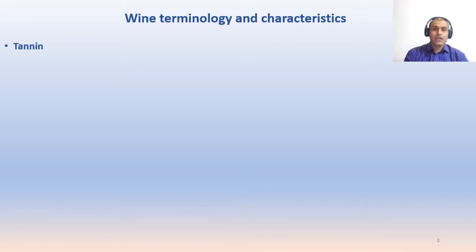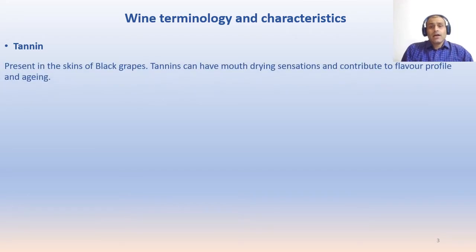It gets extracted during wine production from the skins, and it is a compound that gives that mouth-drying sensation and also contributes quite a bit to the flavor profile of the red wine.